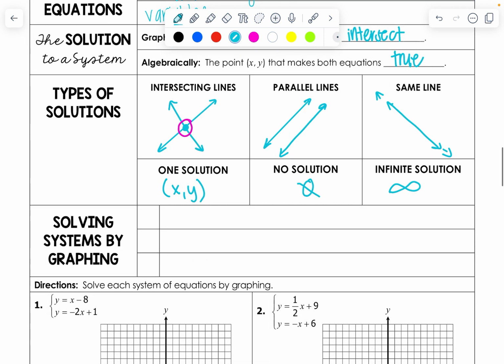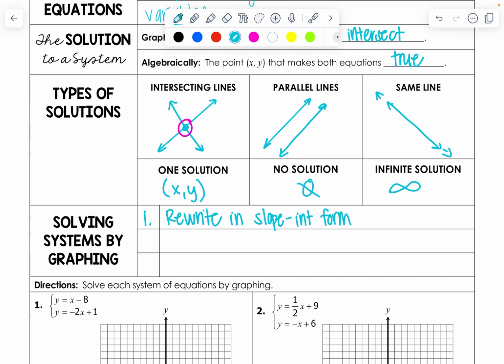When you're solving systems by graphing, there are basically three steps. The first step, which you explored when we were dealing with inequalities, is to rewrite the equation in slope-intercept form if it's not already there.